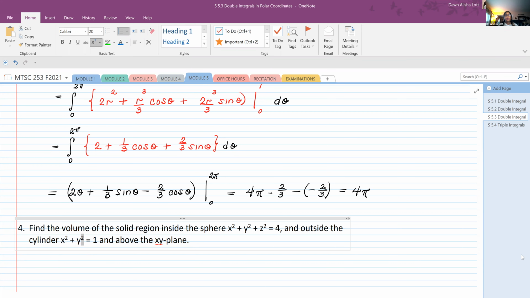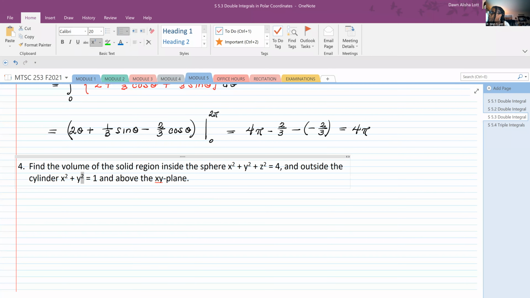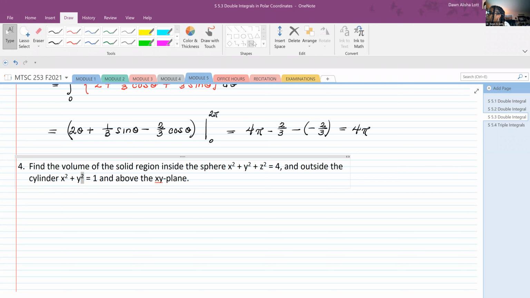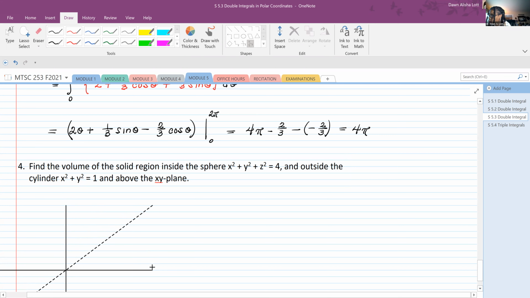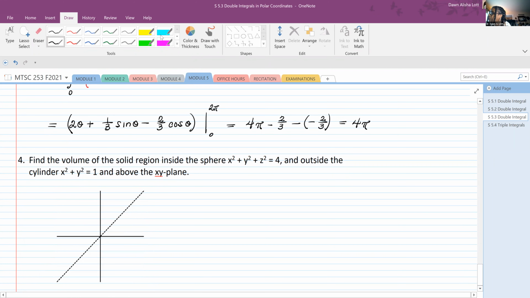Okay. So the region is inside the sphere and outside the cylinder. That looks to me like an apple core. So let's see what we have. So we have this, and then we have a sphere.